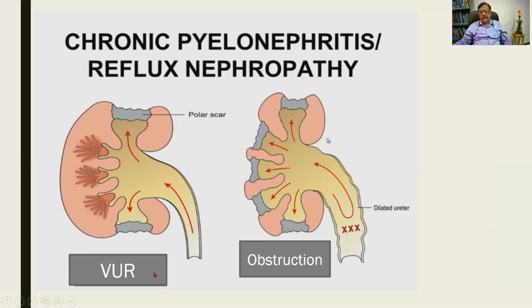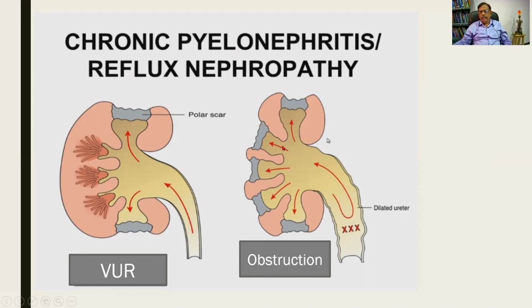In another condition, there is obstruction, for example, renal calculus. When there is an obstruction, there is stasis. Stasis will lead to infection. So there is a back flow of it and it is transmitted equally to all parts of the kidney, as a result of which you find this blunting is seen throughout, and there is a narrowing of the cortex leading to scarring.